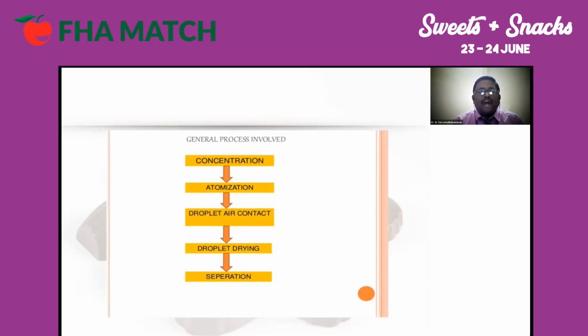Then the next process is atomization. We spray this slurry in the form of a fine mist, so that it falls through the drying chamber, which is internally heated to a high temperature by passing hot air blow.